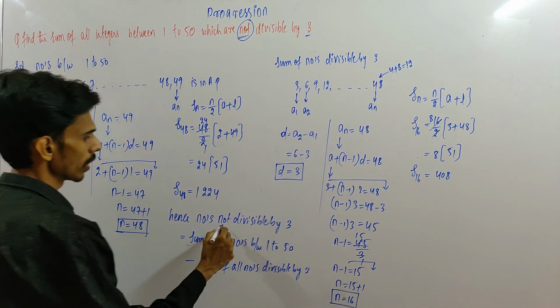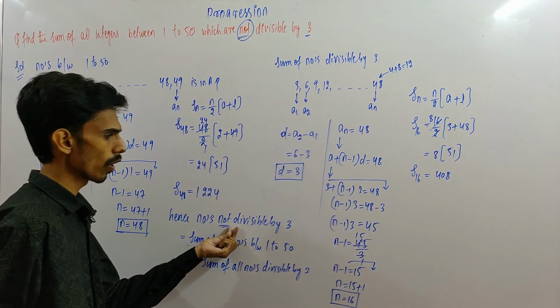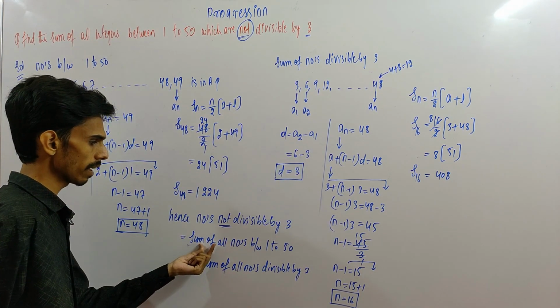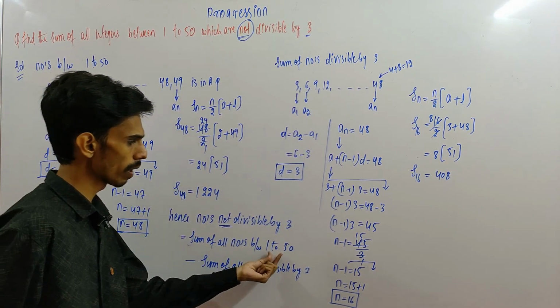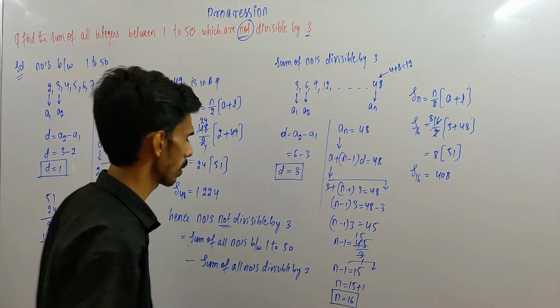So this is the logic. If you want numbers that are not divisible by 3, take the difference of the sum of all numbers minus the sum of numbers divisible by 3.